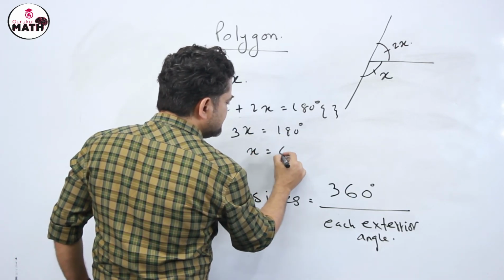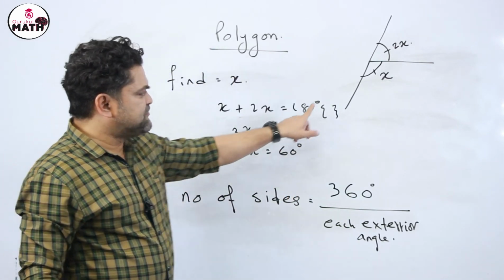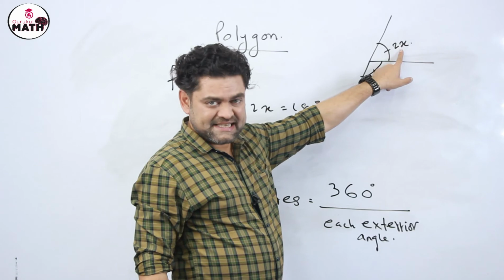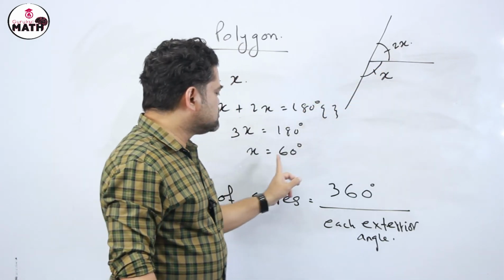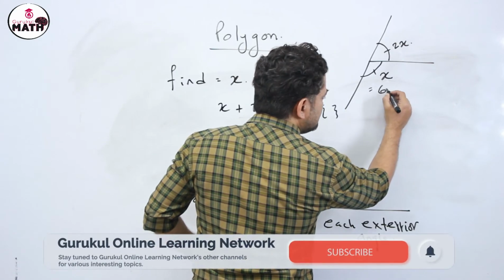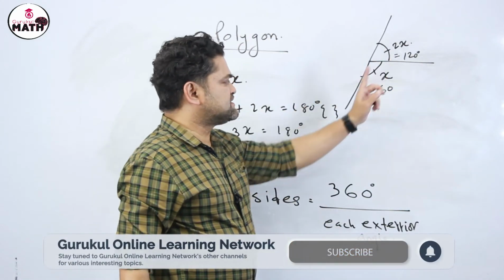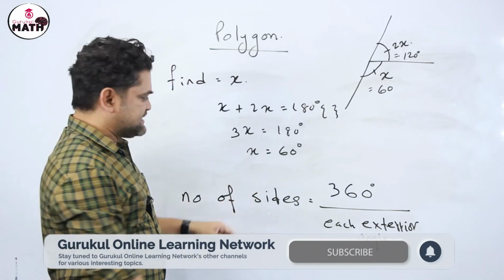So x comes to 60 degrees. If it is 60 degrees, the other is twice x. So this will be 2 into 60, that is 120 degrees. So I'm writing here x equals 60 degrees. And as it is twice x, I have to multiply by 2.